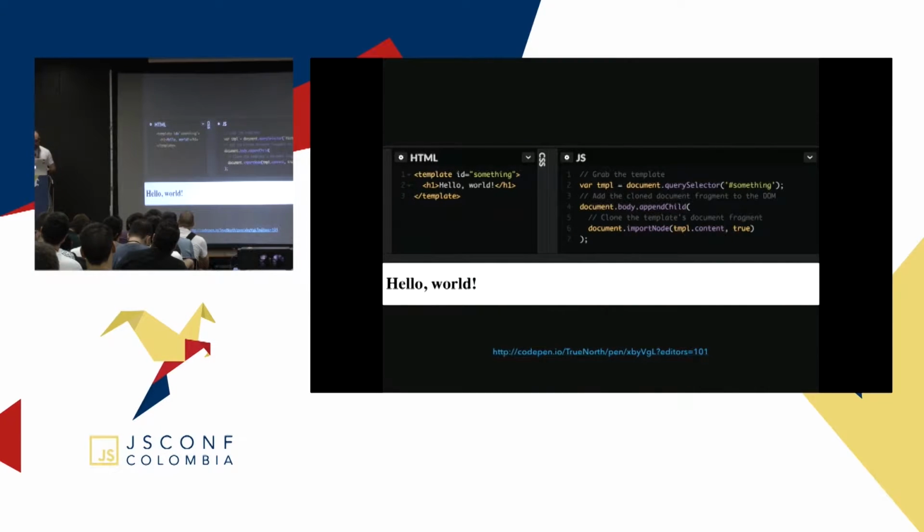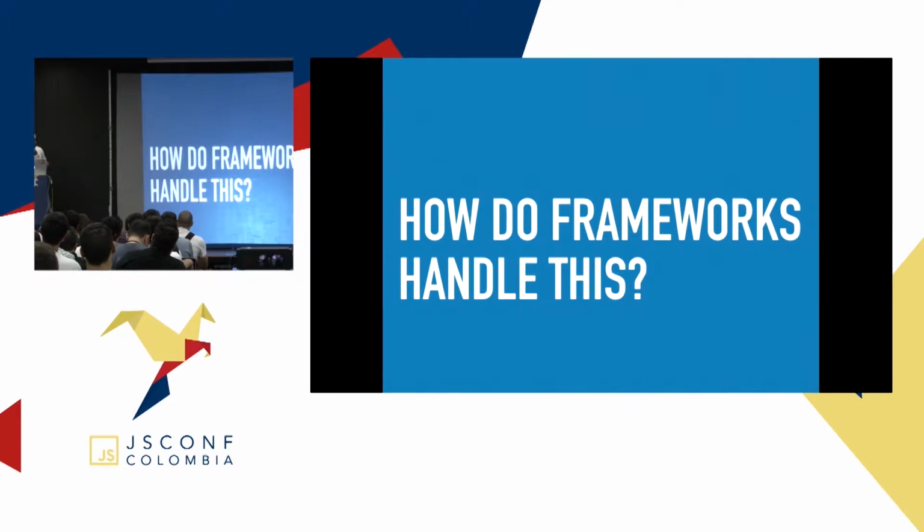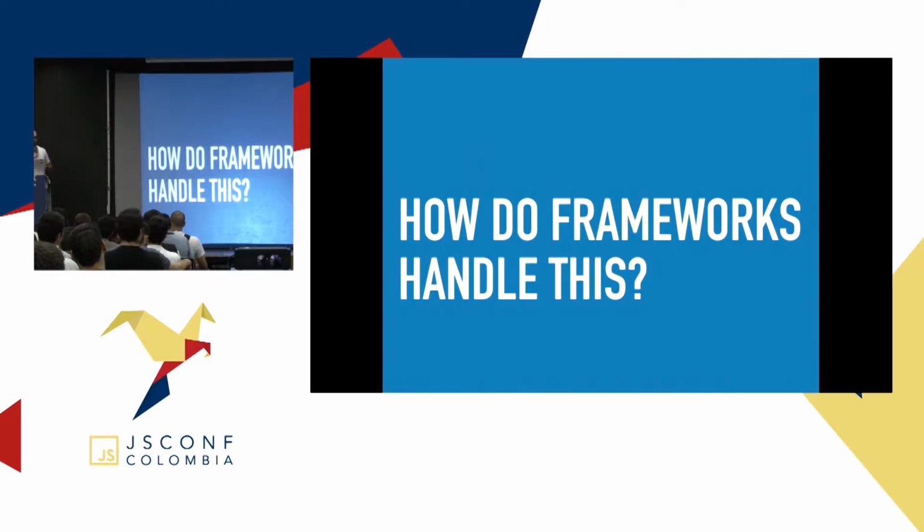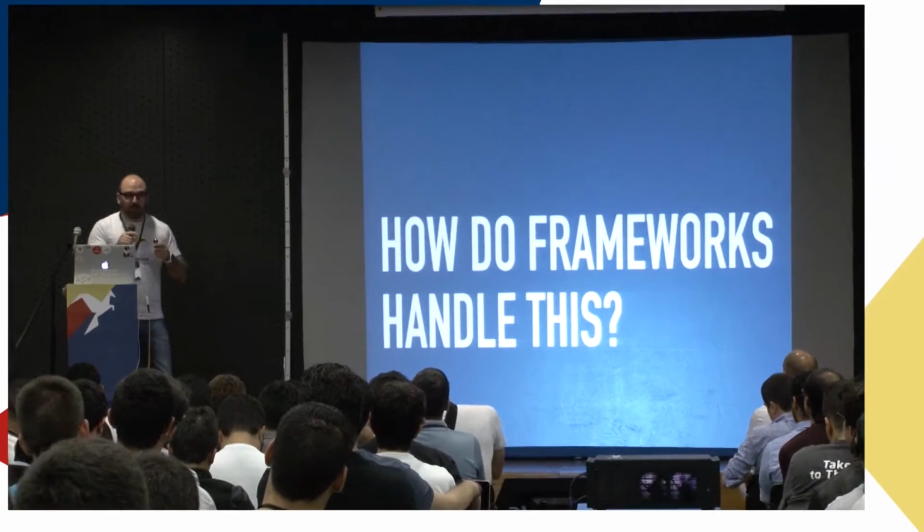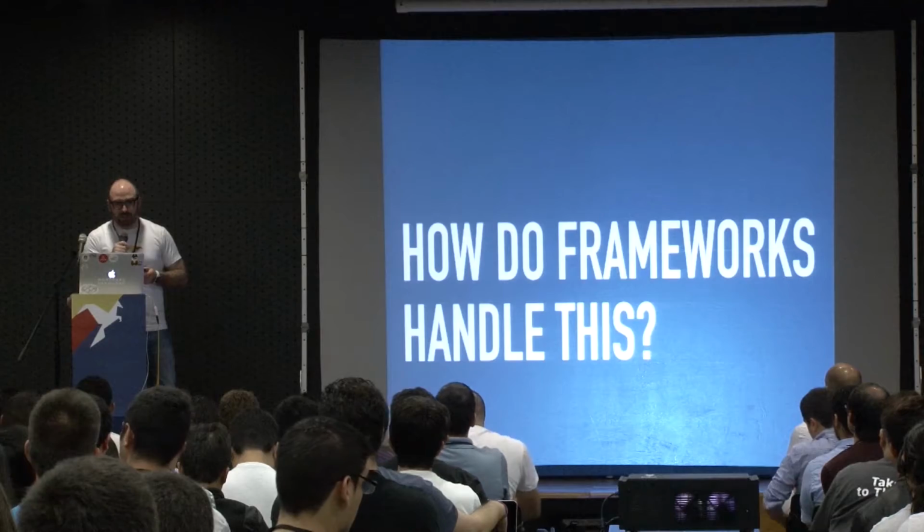Very, very simple concept. You guys are probably using something similar today. So how do the frameworks we like do this right now? Well, they're all built around a similar concept, and that is at build time, your HTML or your Handlebars or your Jade templates are transformed into JavaScript modules.